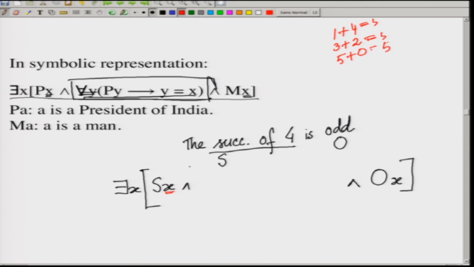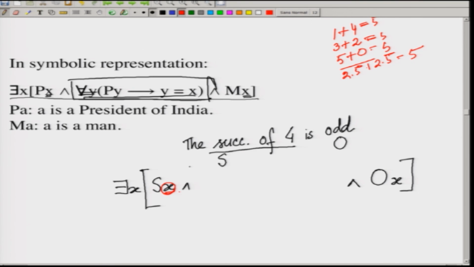So, the point is there exists something x which is successor of 4, and then if anything is a successor of 4, like 4 plus 1 or 3 plus 2 or 5 plus 0 or 2.5 plus 2.5, that is identical to that existing thing x.